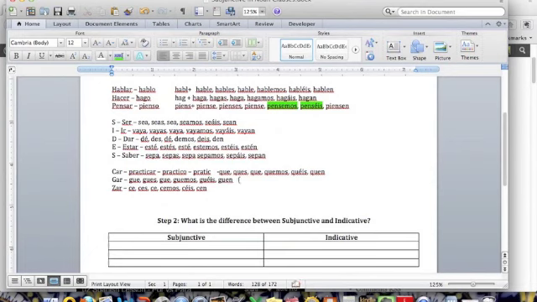Some gar verbs are llegar, jugar. Some zar verbs, almorzar, empezar.